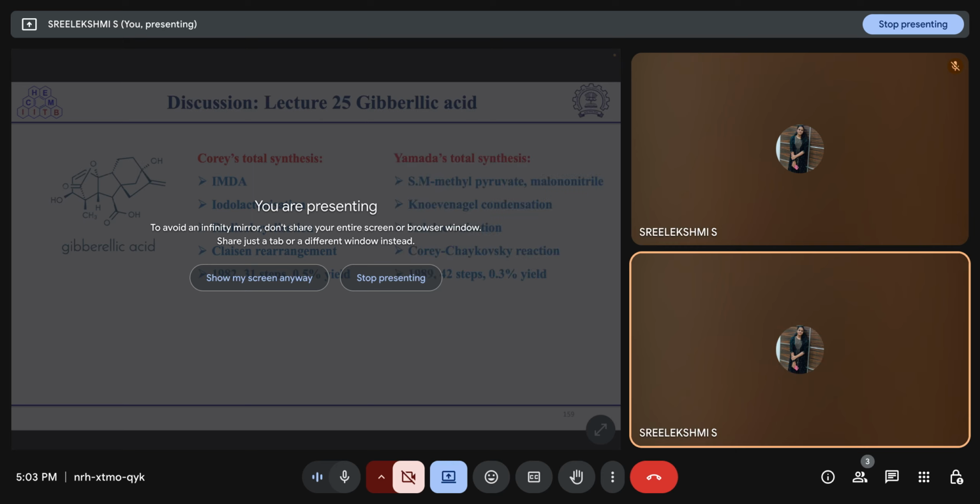So, as we said, Corey's total synthesis was completed in 1982, where the key reactions were 4 plus 2 cycloaddition and iodolactonization, and they could complete the total synthesis in 31 steps with 0.5 percent overall yield.